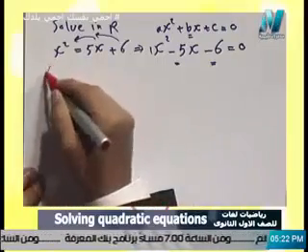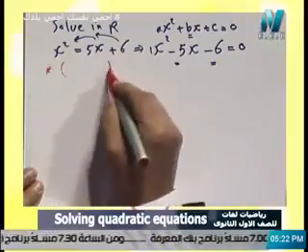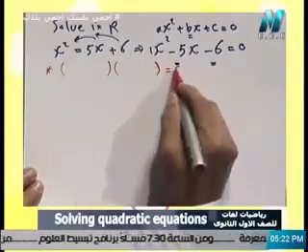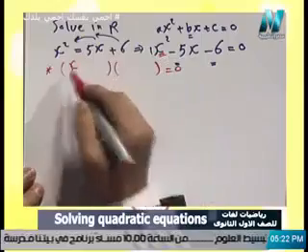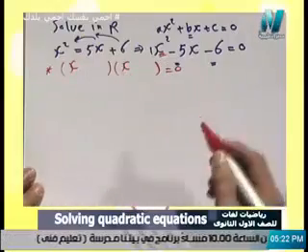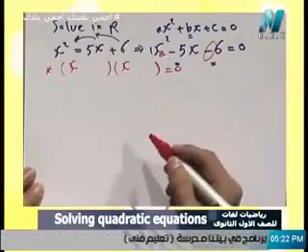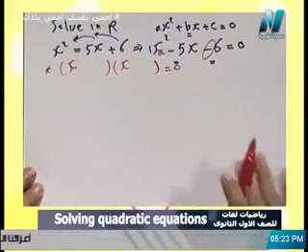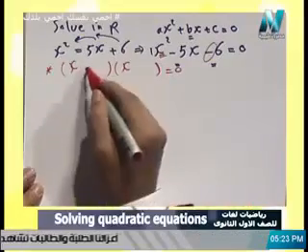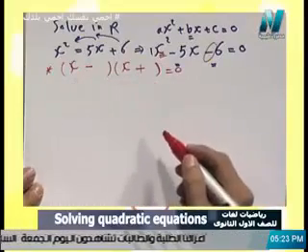First method, which is factorization. We have x^2, factorize it as x multiplying by x. We have here negative. Negative means positive multiplied by negative, or negative multiplied by positive. Here we can put negative multiplied by positive.